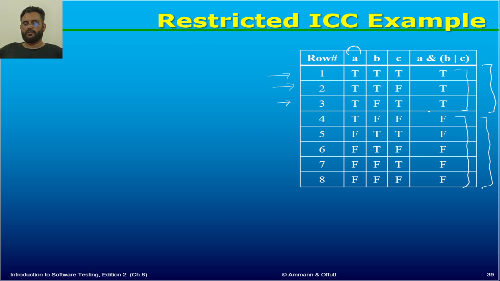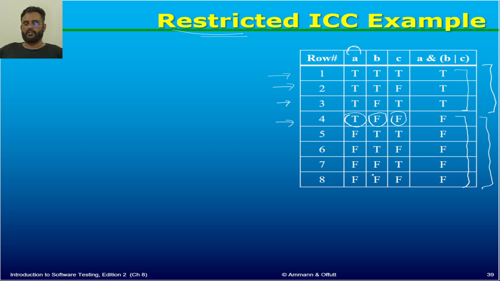The predicate's value is false in the last five rows of the truth table, and here you can see that A's value is true in this part of the table. The second condition imposed in restricted inactive clause coverage was that the minor clause values, which are B and C, must be the same.